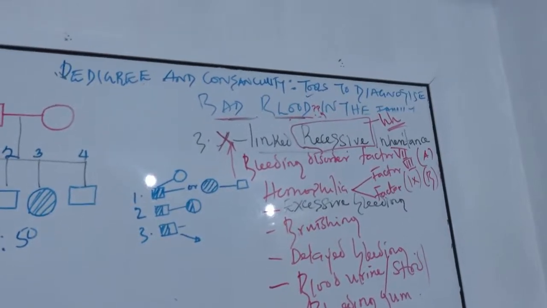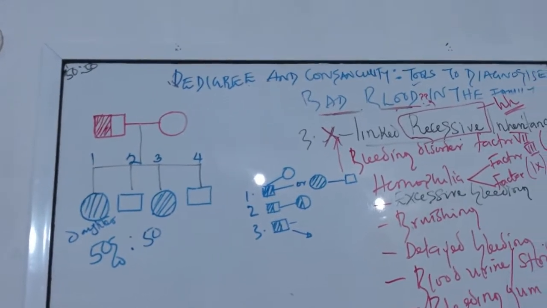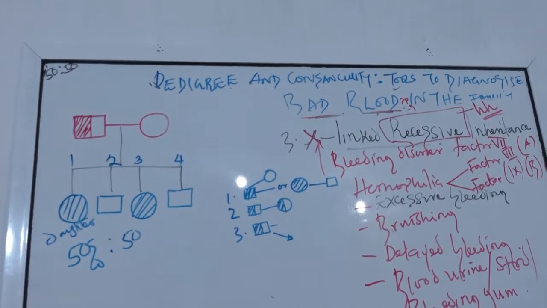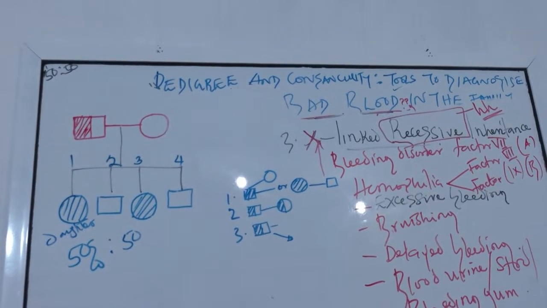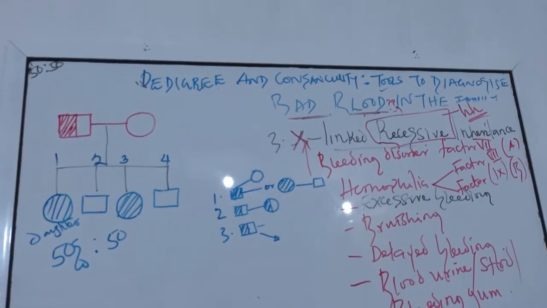And the pattern of inheritance of this is what we see on the board. That is what I told you, that because it is X-linked, the bad gene must have come from the X chromosome of the father, not of the mother.